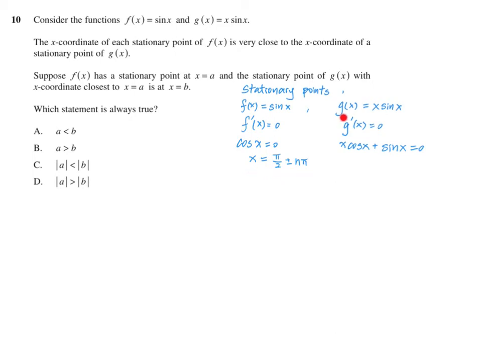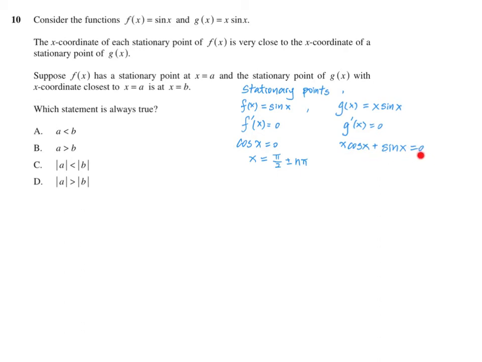Now let's take a look at g(x). For the first derivative of g(x), we have to keep x and differentiate sin x, which is cosine x, plus keep sin x and differentiate x, which is 1. Therefore, x cosine x plus sin x is the first derivative of g(x), and we want it to equal 0.